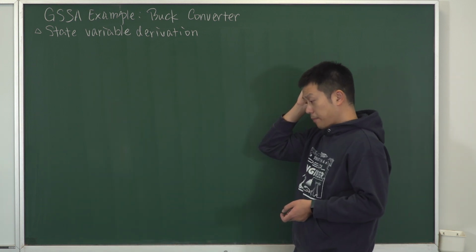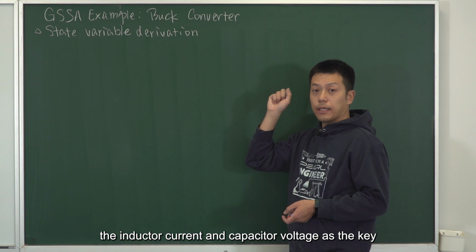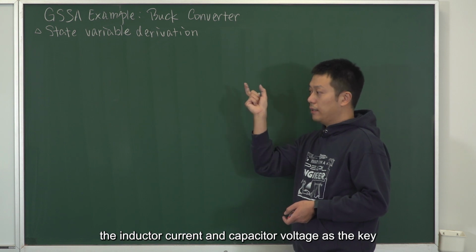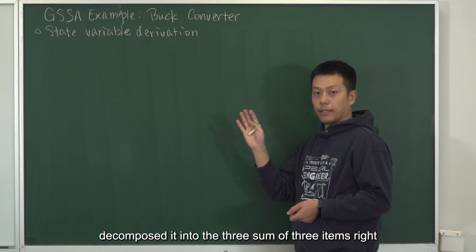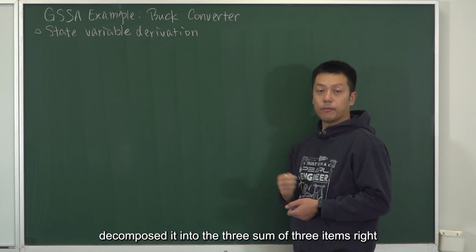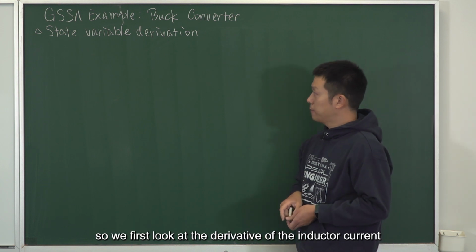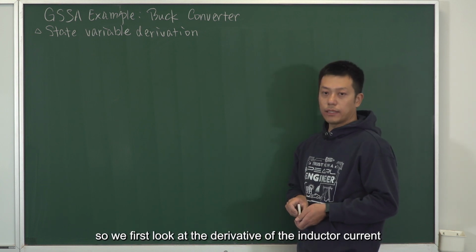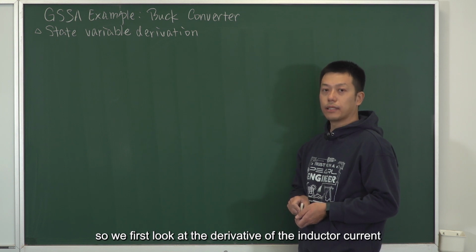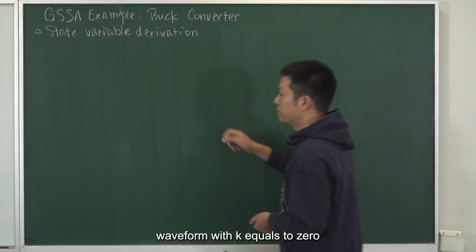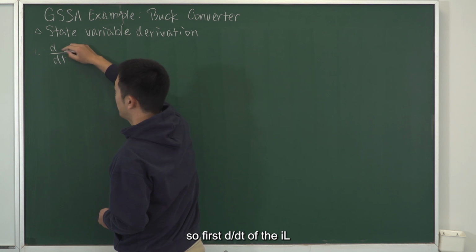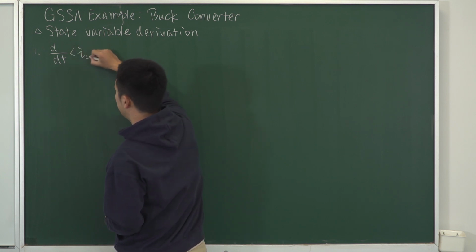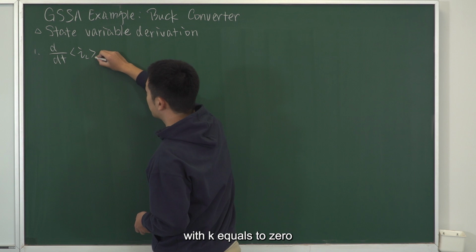So we have the inductor current and the capacitor voltage as the k-th state variable, and already we have decomposed it into the sum of three items, right? So we first look at the derivative of the inductor current waveform with k equals 0. So first, d/dt of the IL with k equals 0.